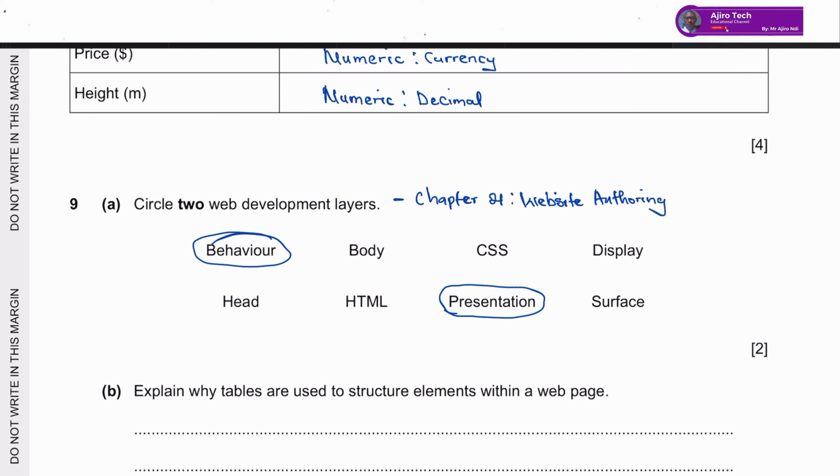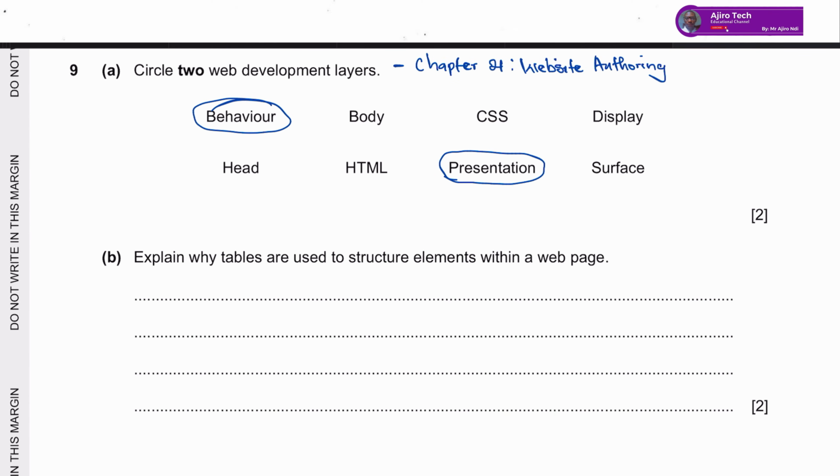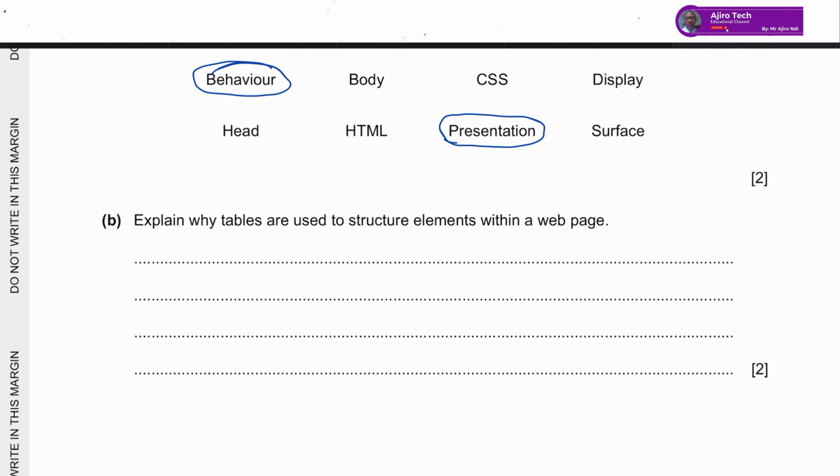Okay, so explain why tables are used to structure elements within a web page. This is very important. First thing I can think of is it organizes the data on the web page, and this falls in your content layer.